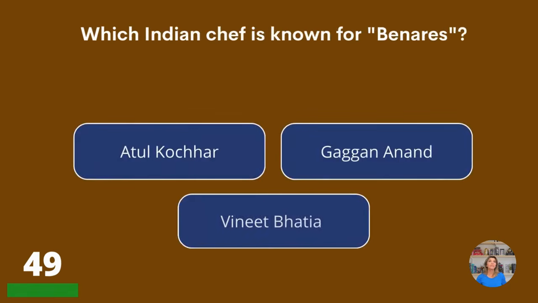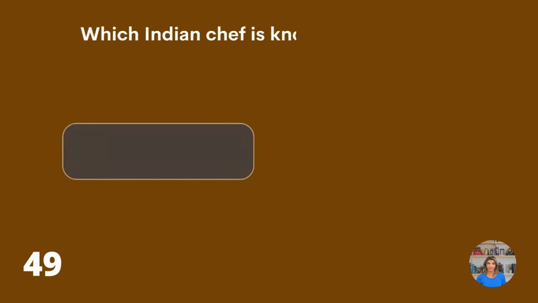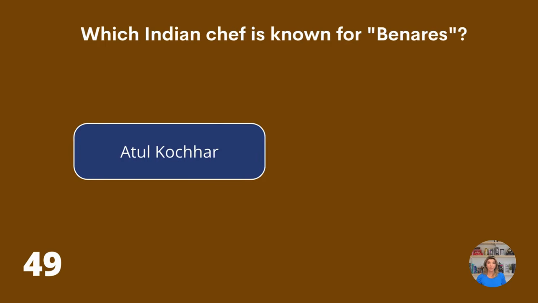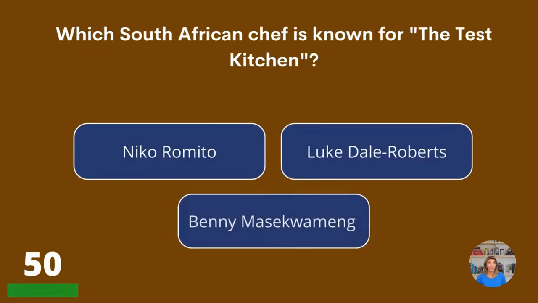Which Indian chef is known for Benares? Atul Kochhar, Gagan Anand, or Vineet Bhatia? Atul Kochhar. Which South African chef is known for the Test Kitchen? Nico Ormito, Luke Dale Roberts, or Benny Masekwameng?